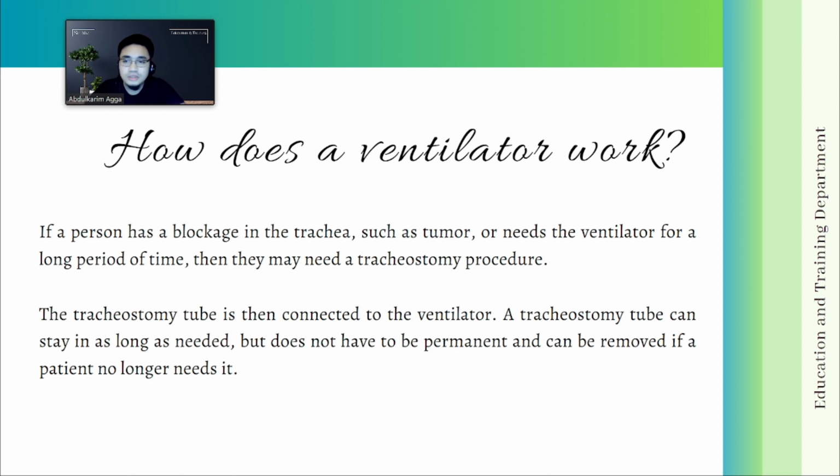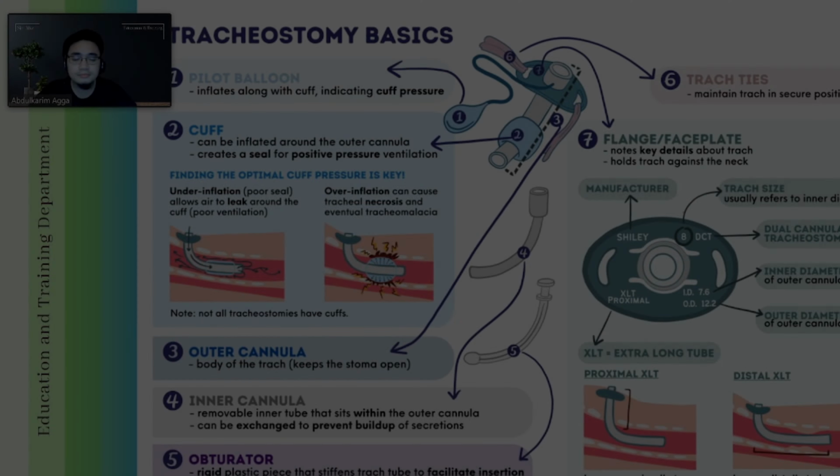Again, you need to remember that your tracheostomy can be temporary or permanent in nature, depending on the need or indication for the patient's respiratory status. Also, based on our policy, your tracheostomy can be changed every 3 months, or depending on the physician's assessment of your patient's tracheostomy.